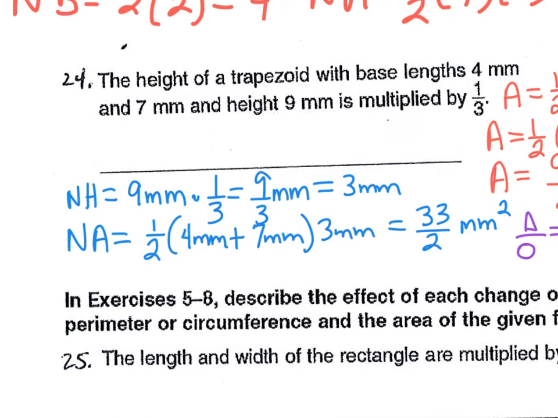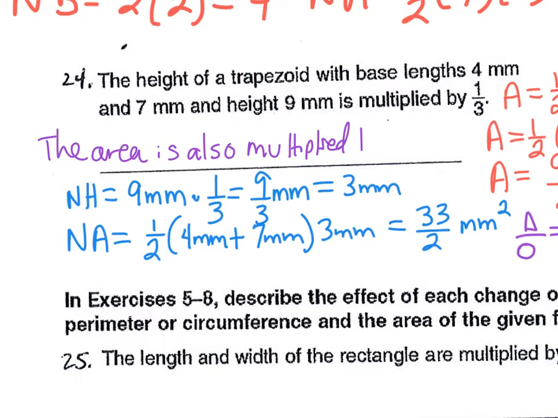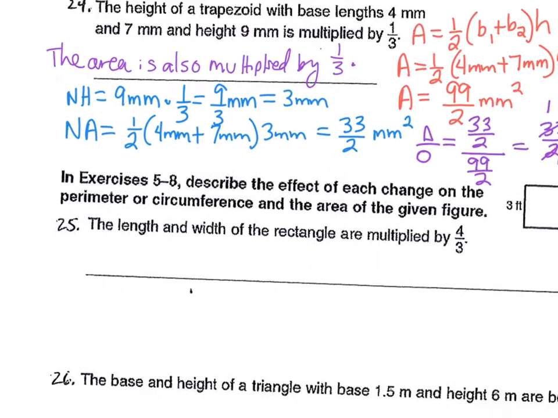Okay. So the area is also multiplied by 1/3. And that's what you need to do. Show what the original area is, the new area, do the comparison, and then make the conclusion, okay?